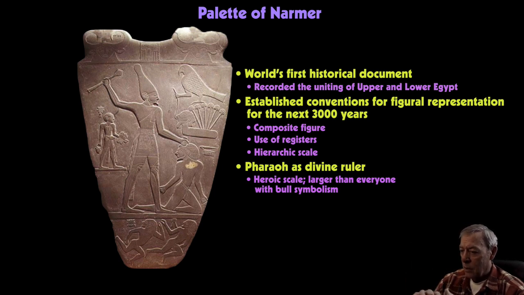And this is very true of Egypt. They had a bull called the Apis bull that was revered as a divine creature, and we'll talk more about him later on. But in the ancient world, bull symbolism was often associated with divinity.